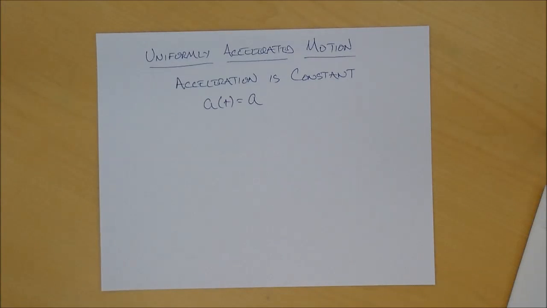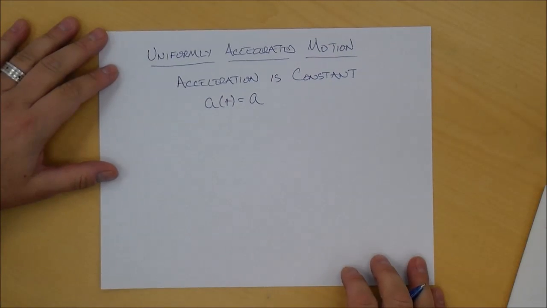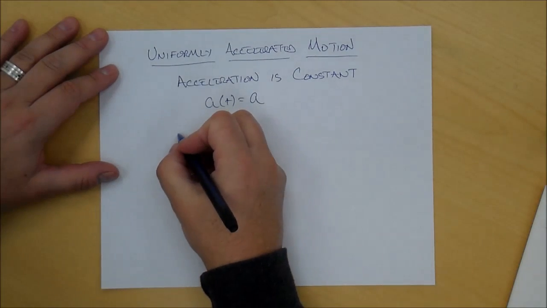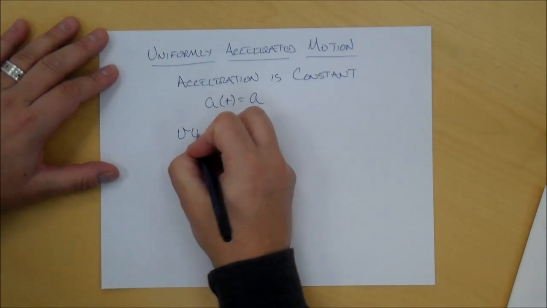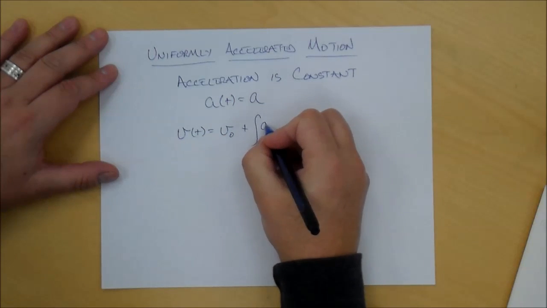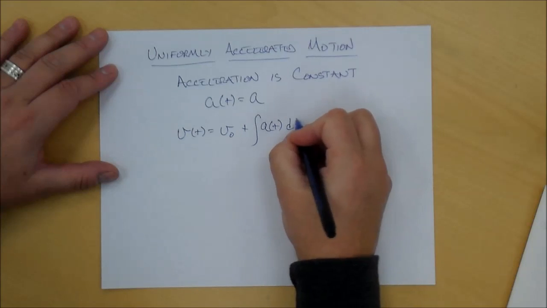All right. Now again, going back to our relationships between acceleration, velocity, and position, we know that the velocity as a function of time is equal to the initial velocity plus the integral of the acceleration dt.